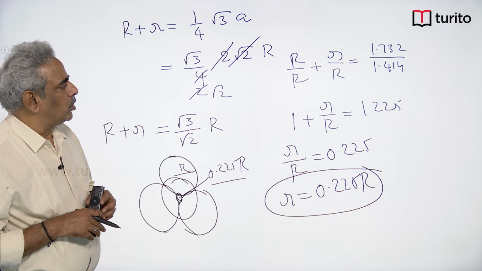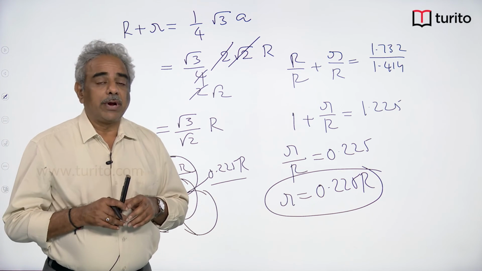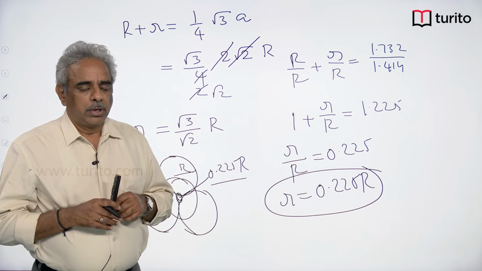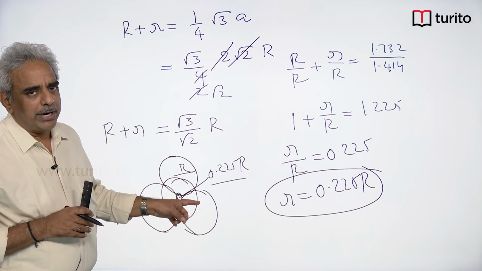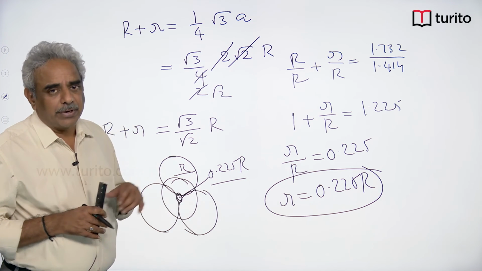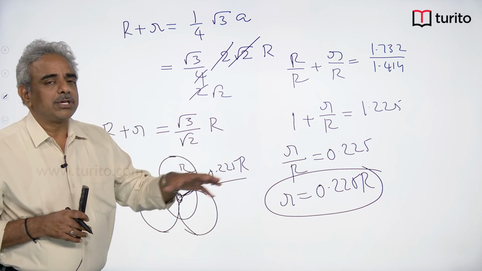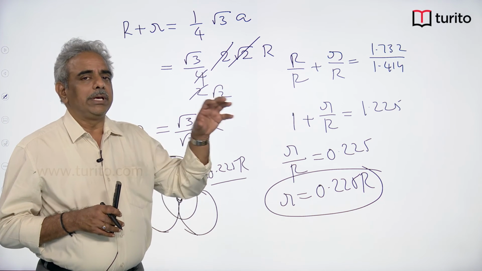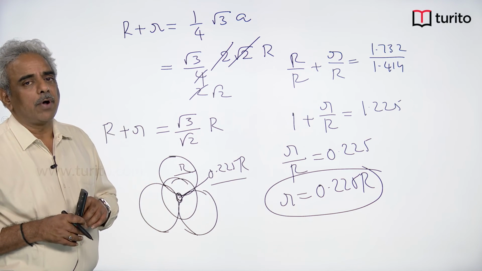So now let us work out the radius of an octahedral void. Now, you know the location of tetrahedral voids, you know the number of tetrahedral voids, you know the size of the tetrahedral void, you know the location of the octahedral void, you know the number of octahedral voids.